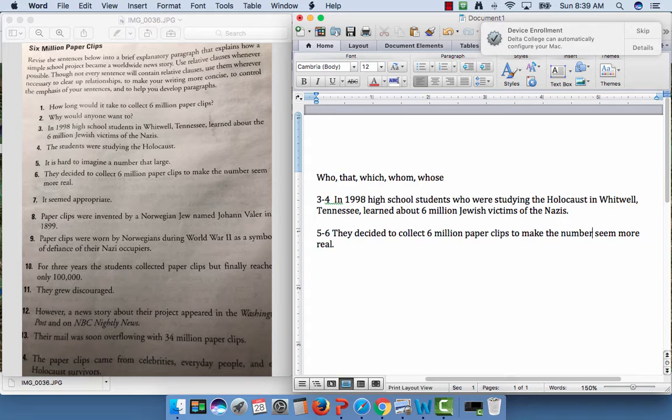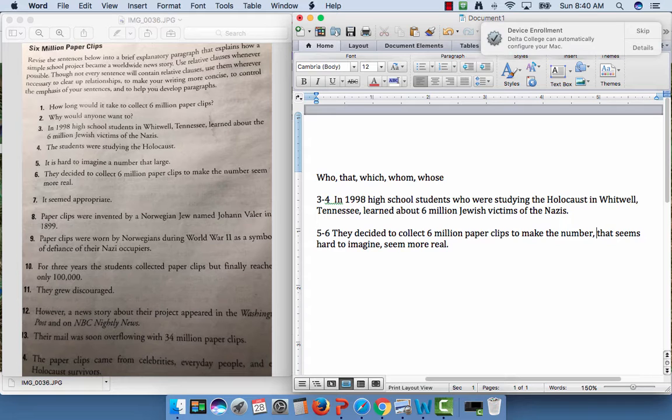Make the number that seems hard to imagine. We're not going to put number in again. And I'm going to put commas. Why? Because this is information that is important to the sentence. The sentence makes sense and gives information that we need.